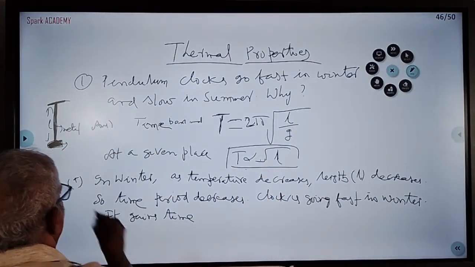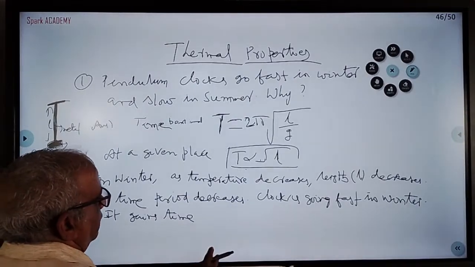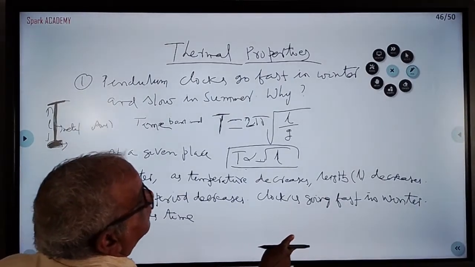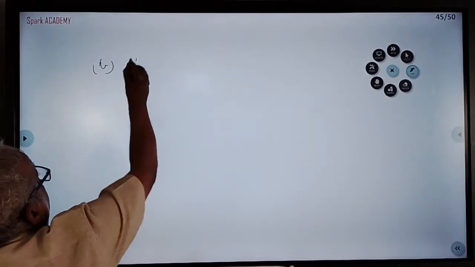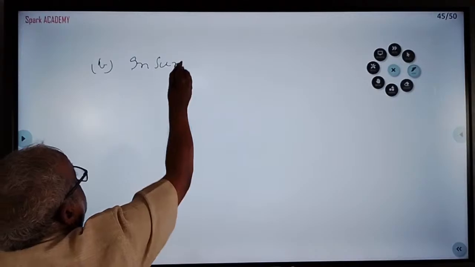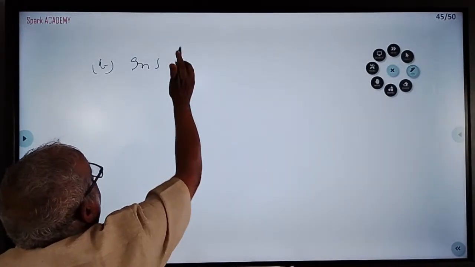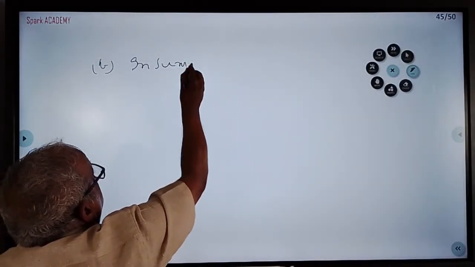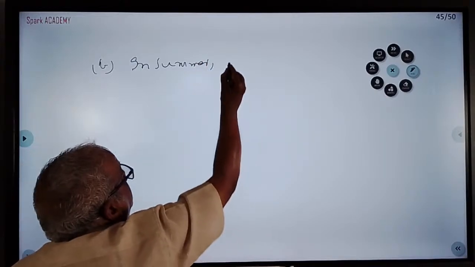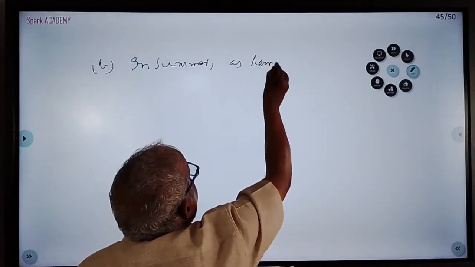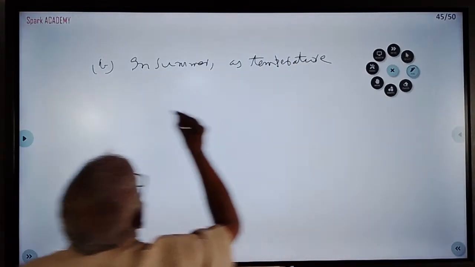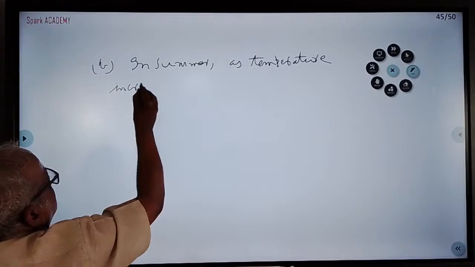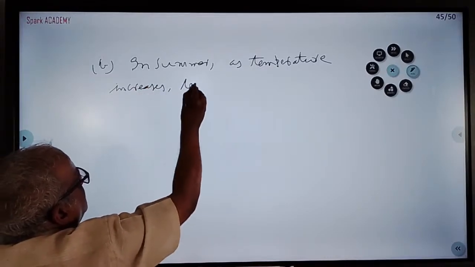Then in summer, what will happen? This is the A bit. Now the B bit. In summer, what will happen? In summer, as temperature increases, length increases.